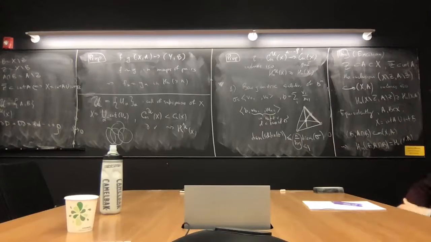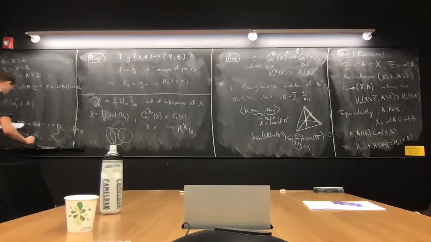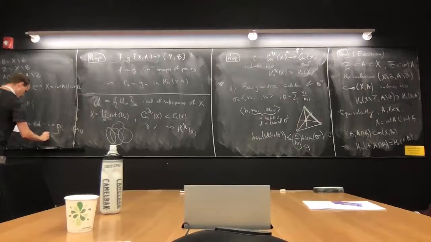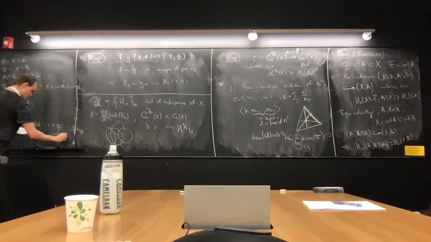Right. And all maps here, just by construction, take chains in A into chains in A, chains in B into chains in B. So this is all well defined on factors, and induces the same formula on quotients by C_n of A.